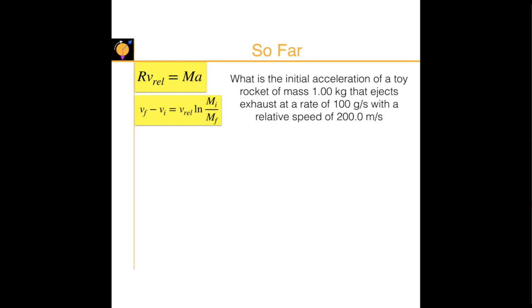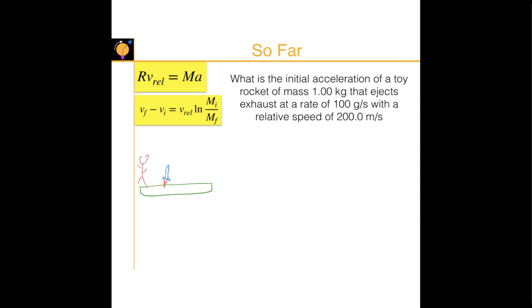What is the initial acceleration of a toy rocket with a mass of 1 kilogram that ejects exhaust at a rate of 100 grams per second with a relative speed of 200 meters per second? So let's say here's the ground, and you're standing here and you just fired your toy rocket, and it's firing exhaust backwards.